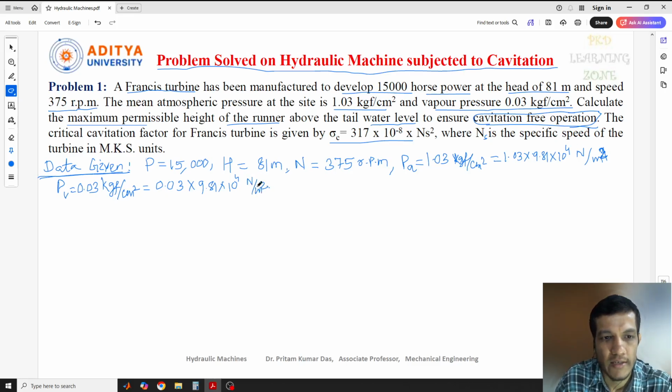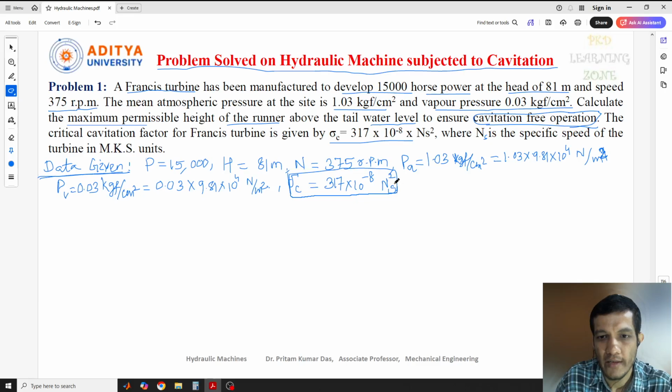So these are the data given in the question. Along with this, one more data is given, that is the critical cavitation factor sigma c equal to 317 into 10 to the power minus 8 into ns square.